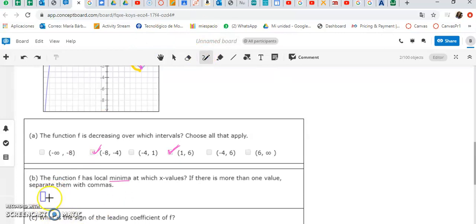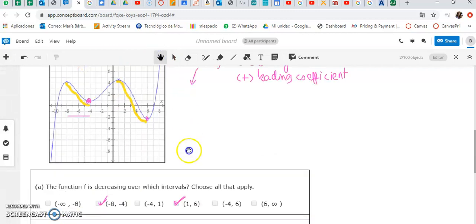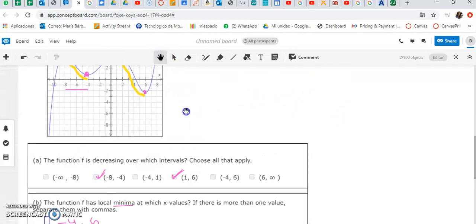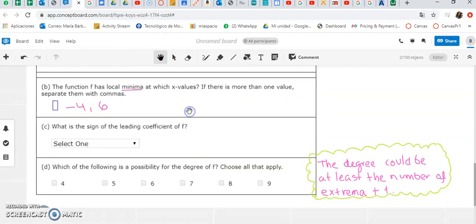So what you're going to do in the answer is this, in -4 and 6. I cannot write it there because I don't have space, but you have to write inside the rectangle, minus 4, comma 6. Remember that the answers must be separated by commas. And then question letter C. What is the sign of the leading coefficient of f?